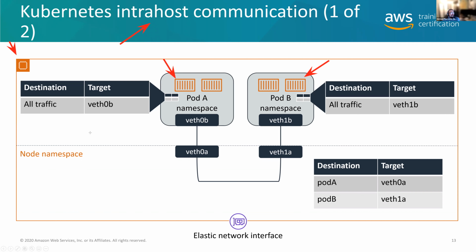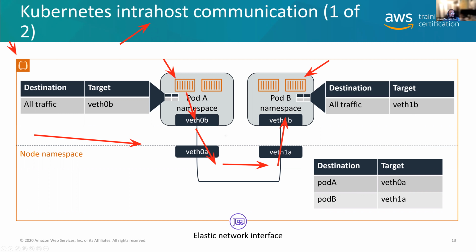Note that this is like a user namespace up here, and this line is what's delineating it. When this pod wants to talk to this pod, it comes down out through the pod's virtual interface, hits what's known as the virtual bridge that Kubernetes has, comes over through the bridge to the other interface and goes right into the pod.